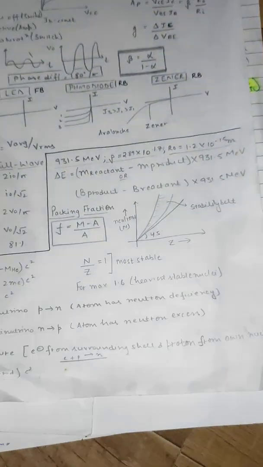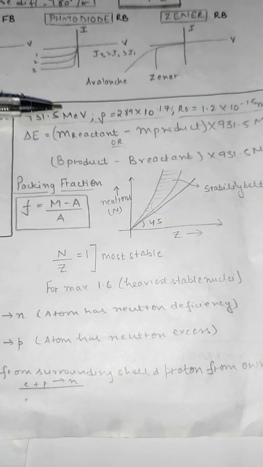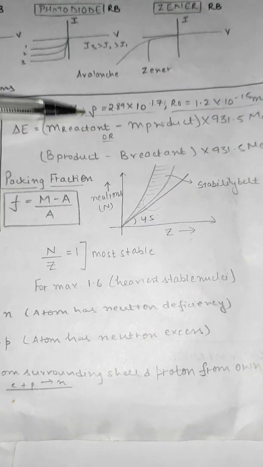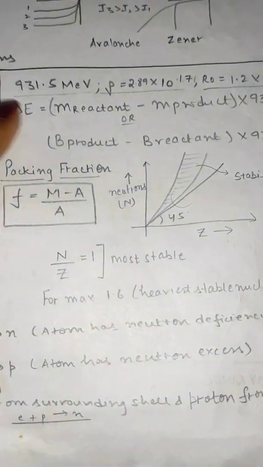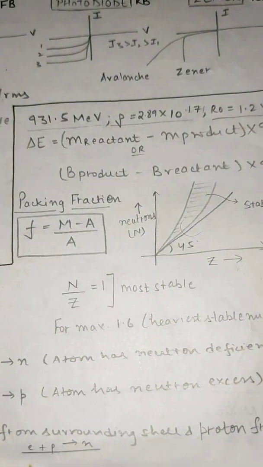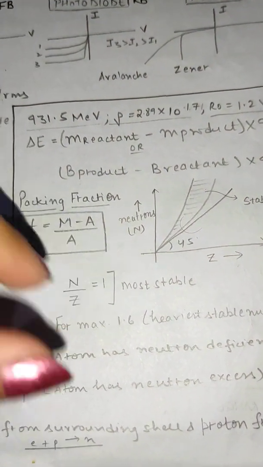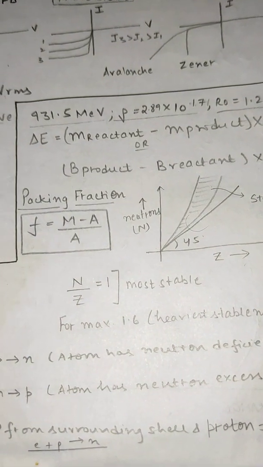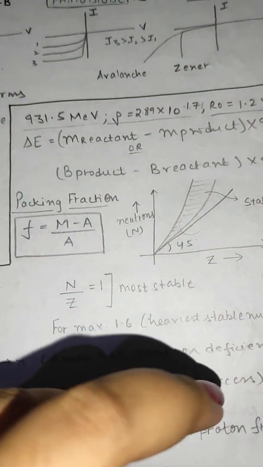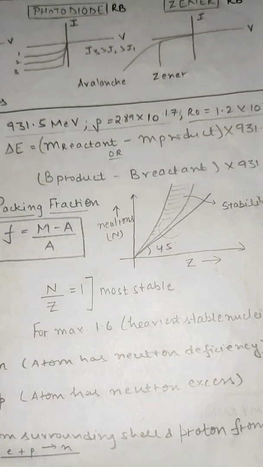So to begin with, the first thing I've written is 931.5 mega electron volt. When you calculate binding energy and you have the change of mass in the reactant and the product, and you have to find binding energy, you know what I'm talking about. These kinds of numericals are found in the paper.